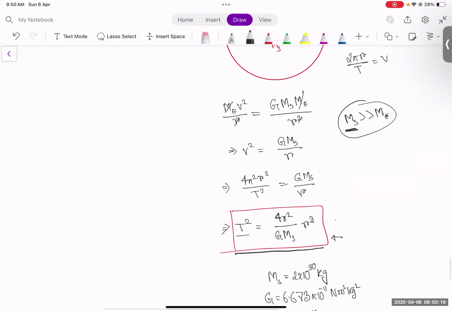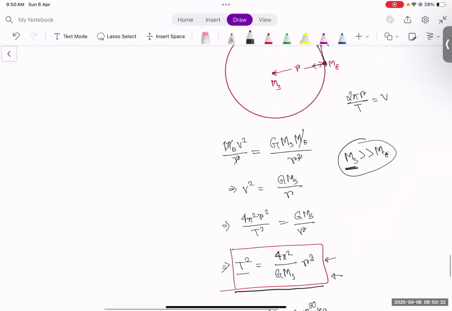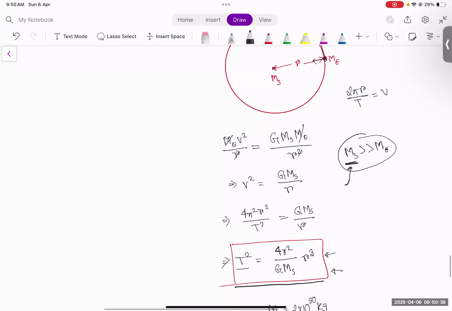So again, this is the equation with which you find the period of different planets when you know the distance, when you know their orbit. But the condition is what? The condition is that the mass of one of the objects is much greater than the other object.